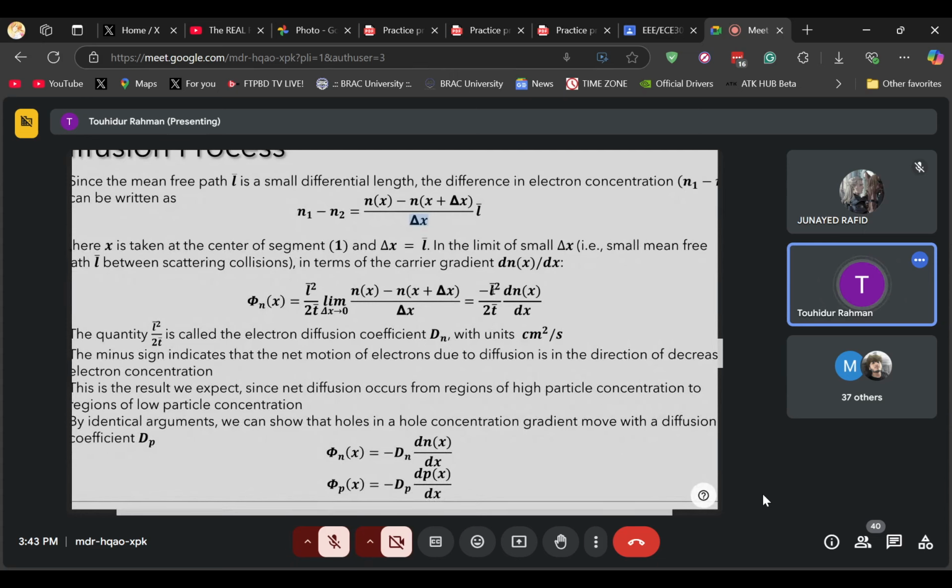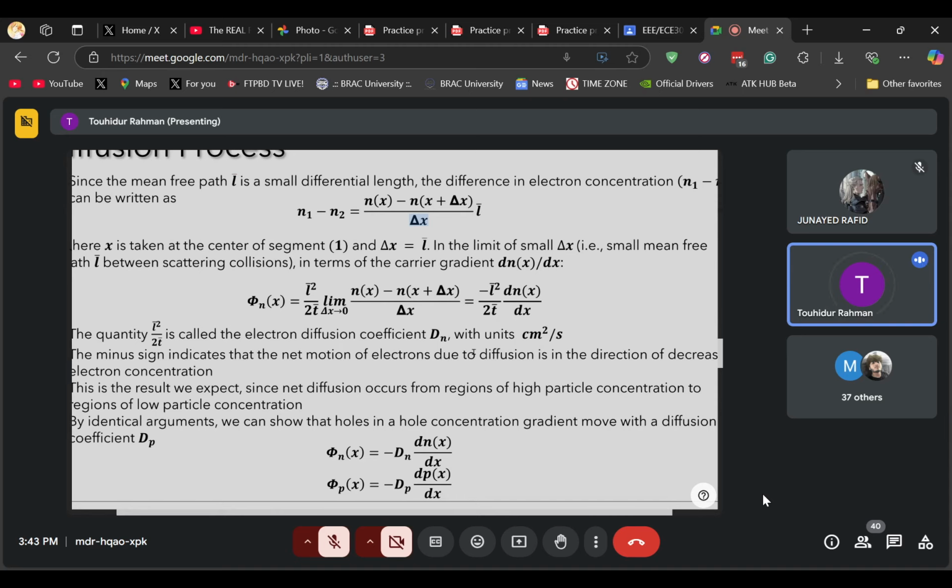Why is it minus? Although we don't have any minus sign here, initially we assume everything positive, and then if the result comes negative, that means our initial assumption was incorrect, so we use that negative sign.